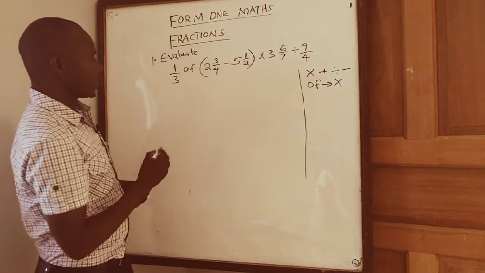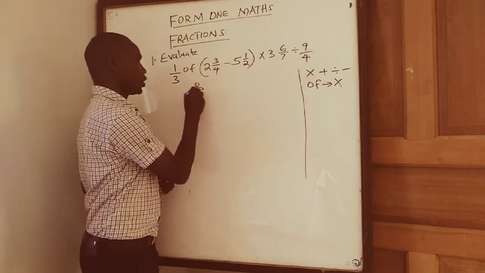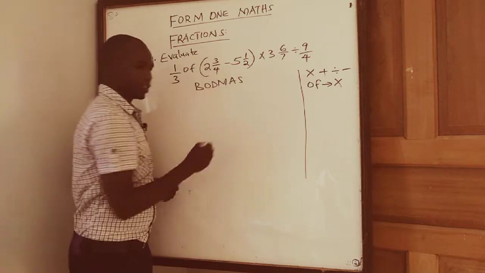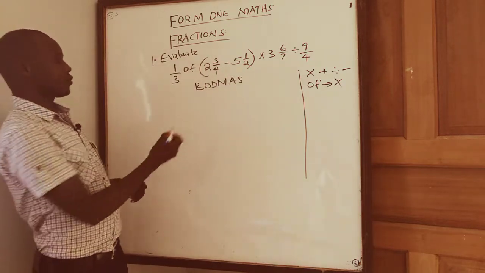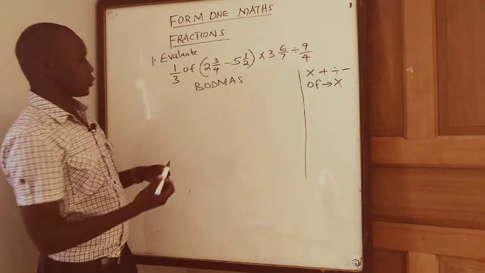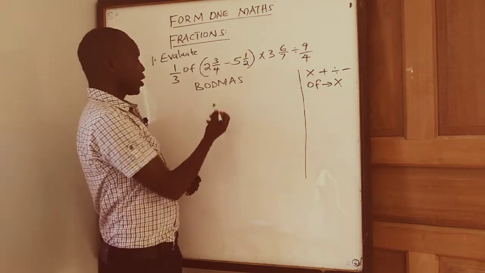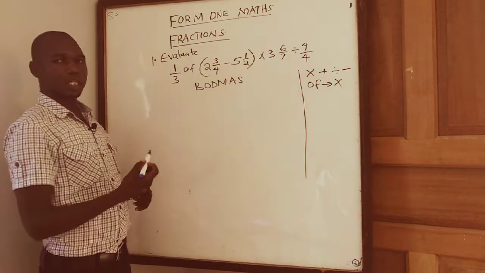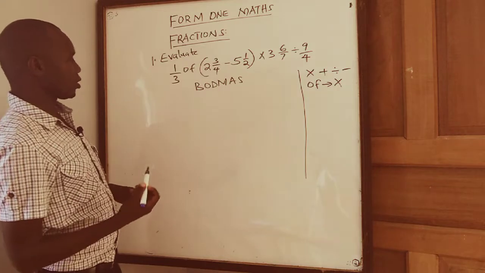So anytime you are going to do a question from here, we use the order called BODMAS. That is, you work with brackets first, then you go to OF, which is a special type of multiplication. We go to division, multiplication, addition, and lastly subtraction, in that order.